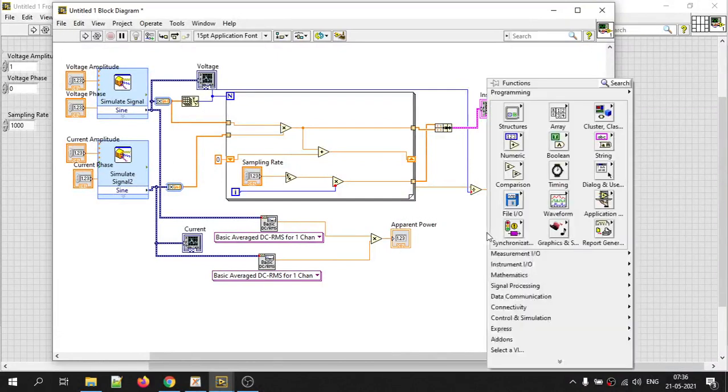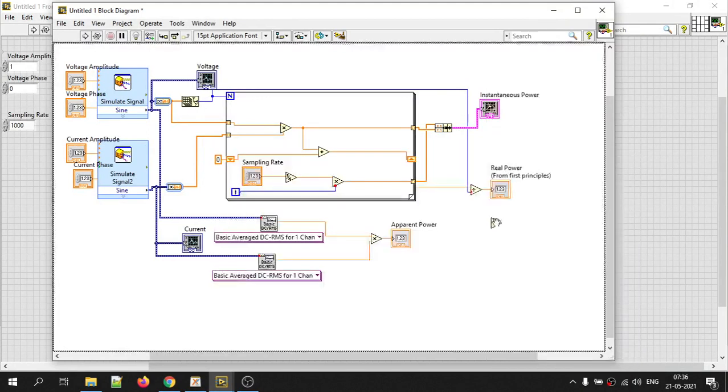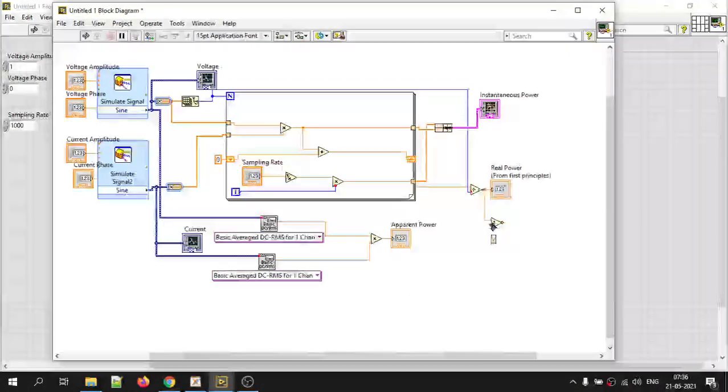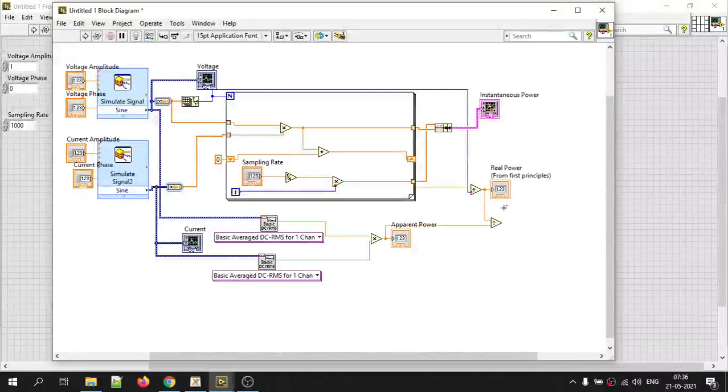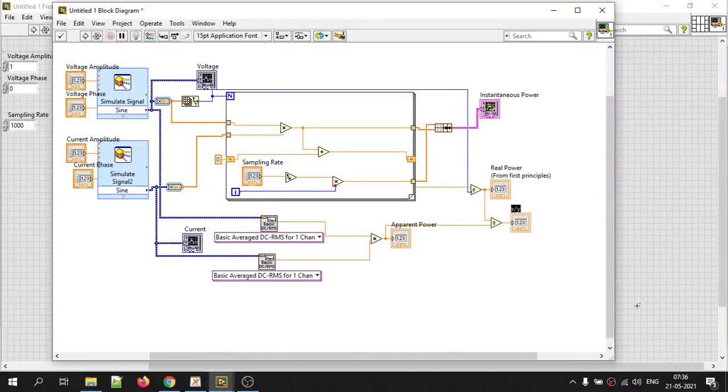If we know real power and apparent power, we can calculate power factor. The power factor is real power divided by apparent power. Let us create an indicator here. This is power factor.